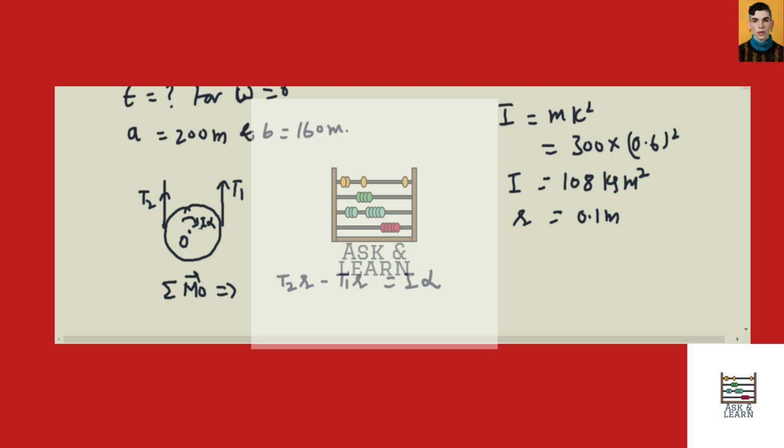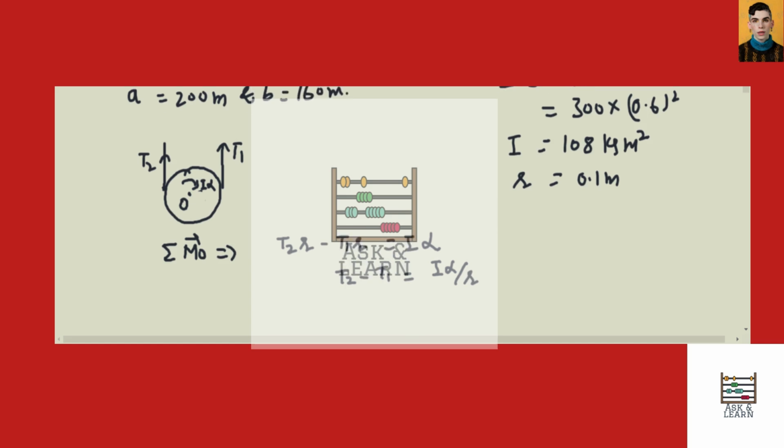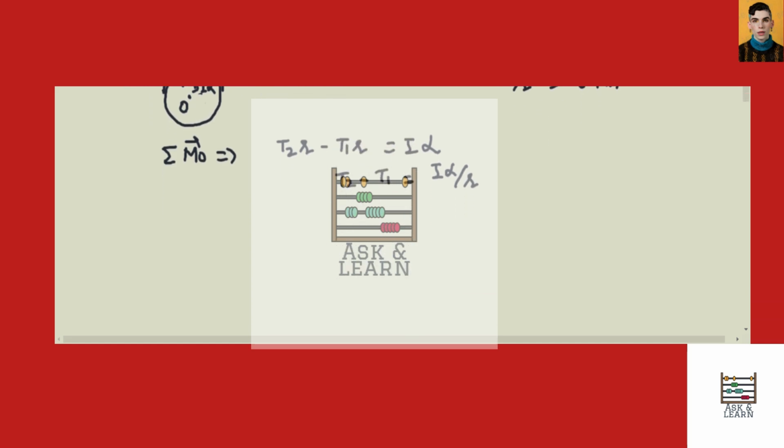So from here, you may take R common. T2 minus T1 you will get as I alpha upon R. Or in terms of T2 minus T1, alpha can be written as R upon I into T2 minus T1.